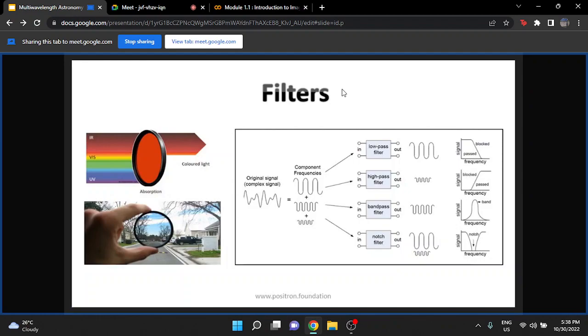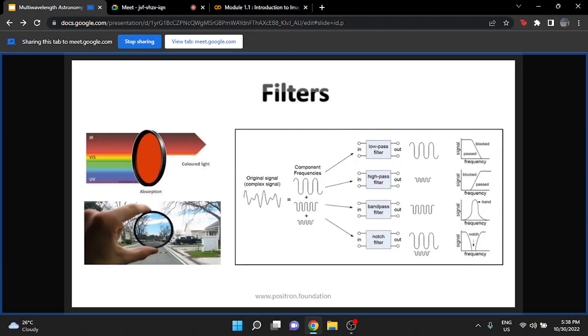So in the exercises, you must have seen this word being used again and again, which is filters. So SDSS has these many filters. Essentially, it is very similar to the filters that we come across in our electronics class, where we have low pass filter, high pass filter, band pass filter, band block filter.